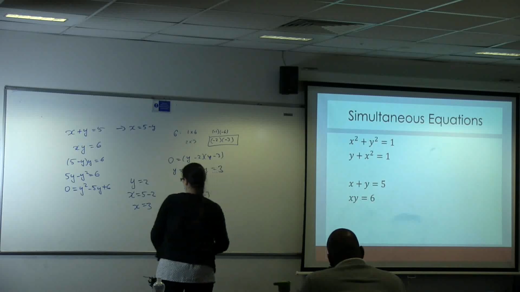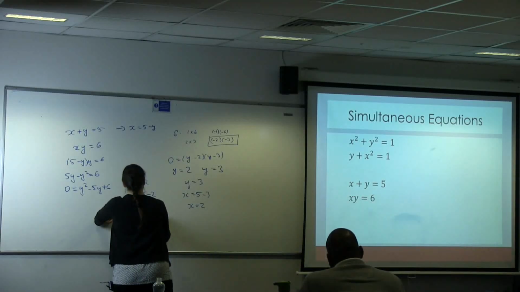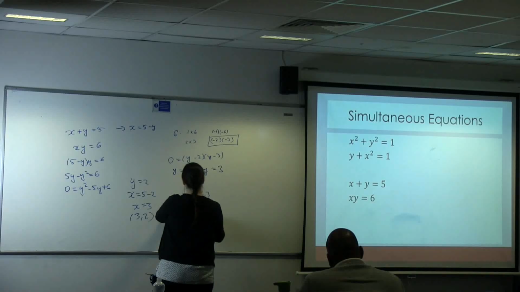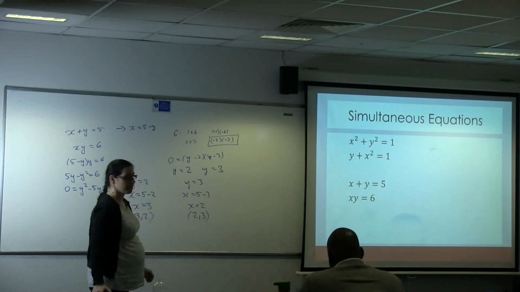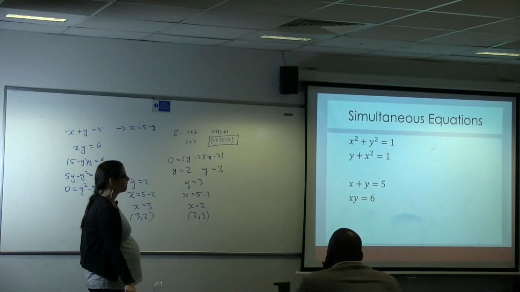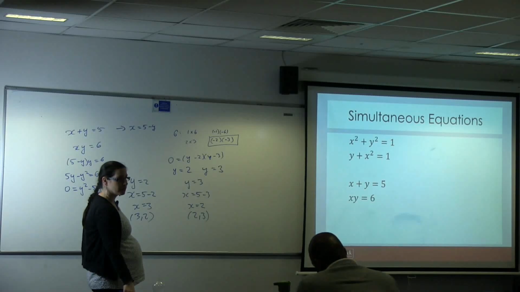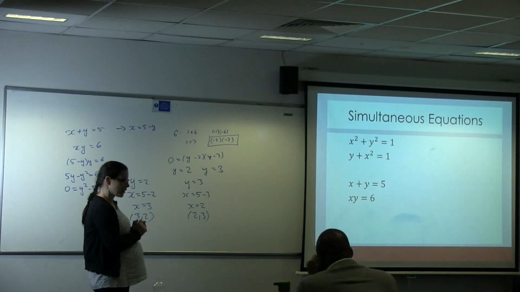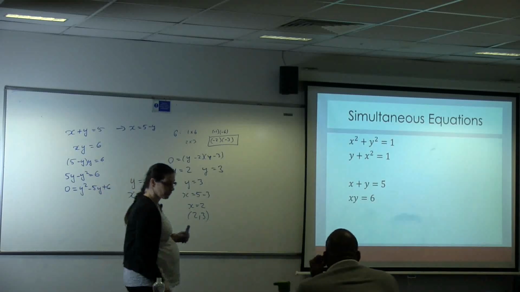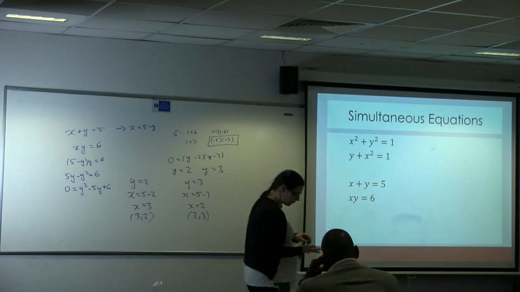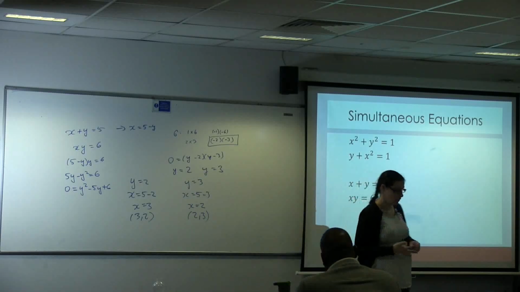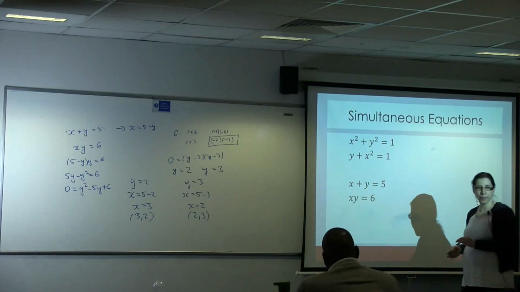So the two solutions I have are 3, 2 and 2, 3. So these only cut through each other in 2 points. Okay?